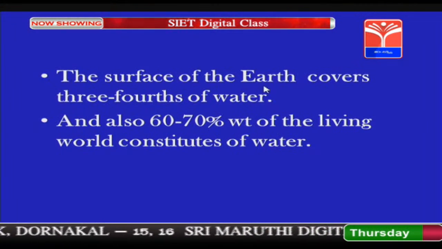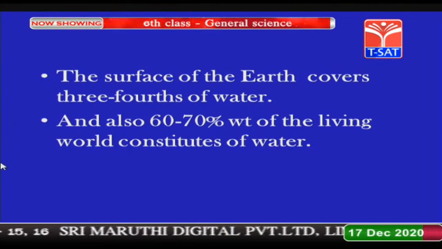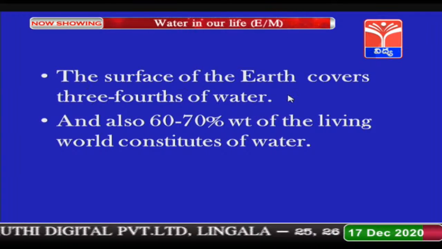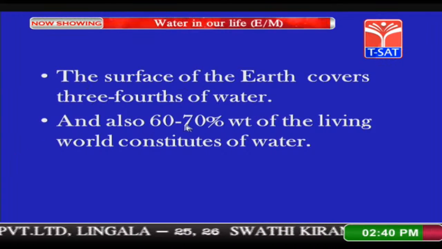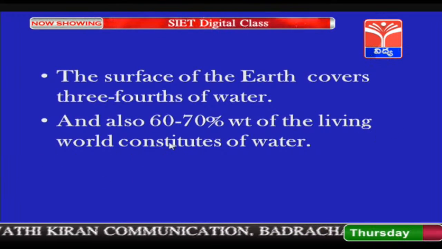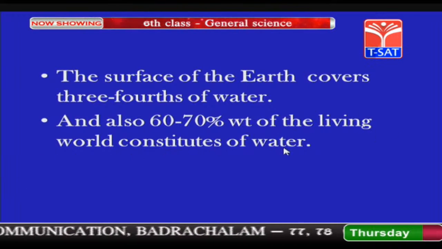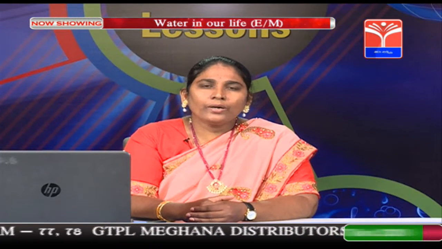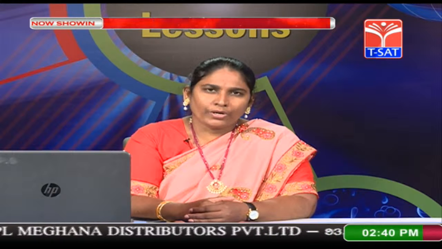The surface of the earth is 3/4 water, and also 60 to 70% of the weight of the living world consists of water. What does it mean, children? It means all the parts of the body.